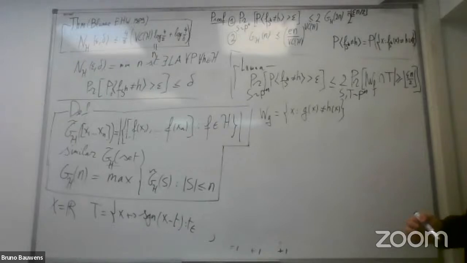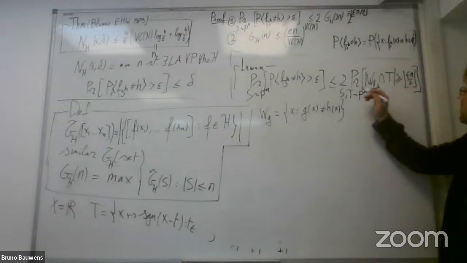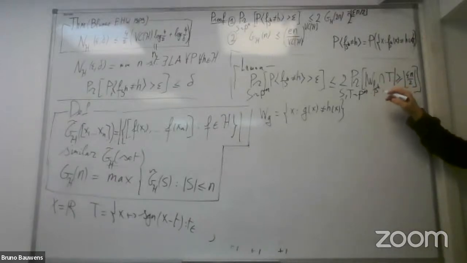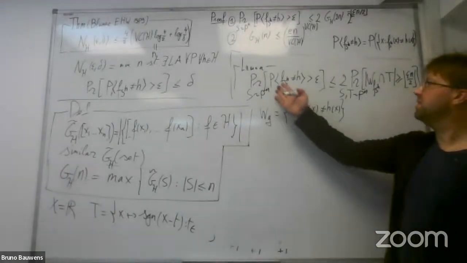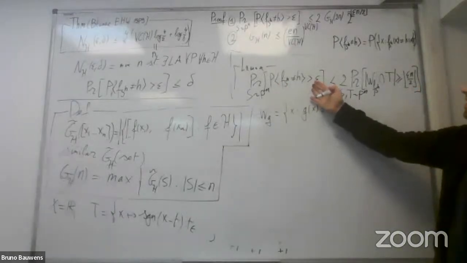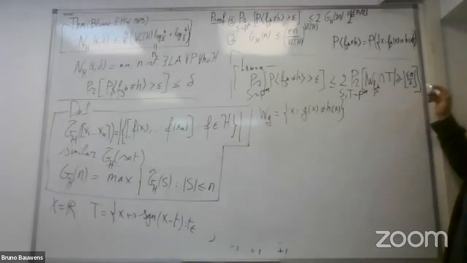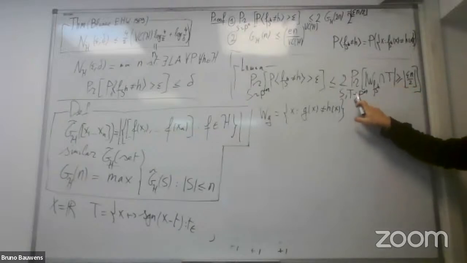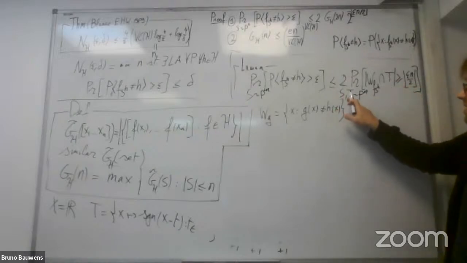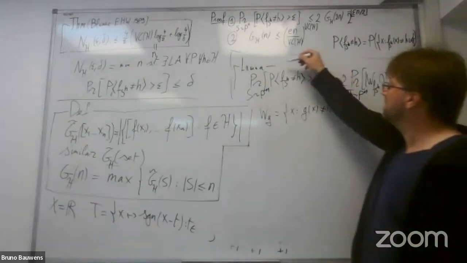So the probability that we generate a bad classifier is bounded by 2 times the probability that we make at least epsilon n over 2 mistakes on the test set, which is generated independently from the training set. So this is the lemma.